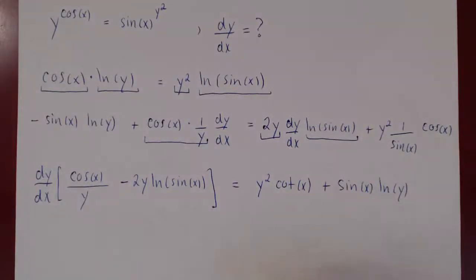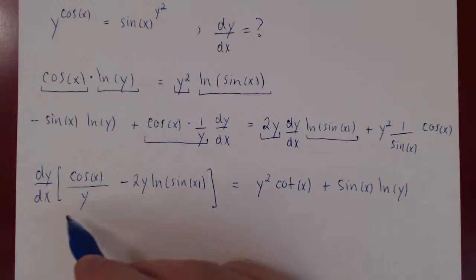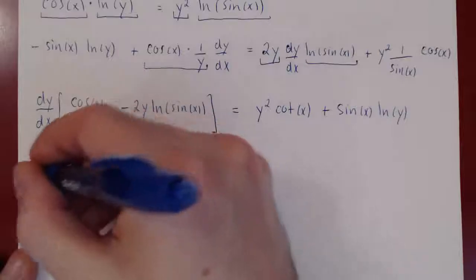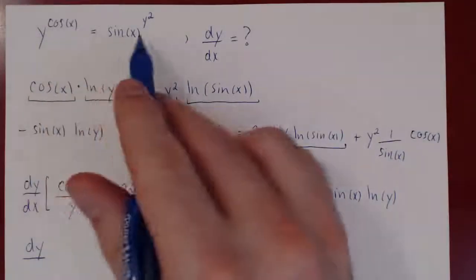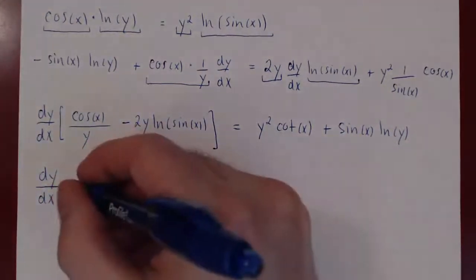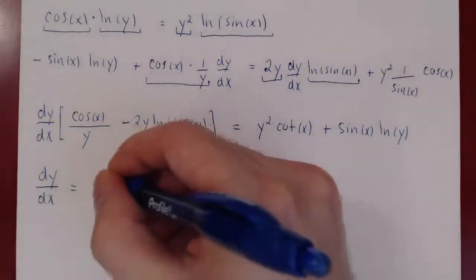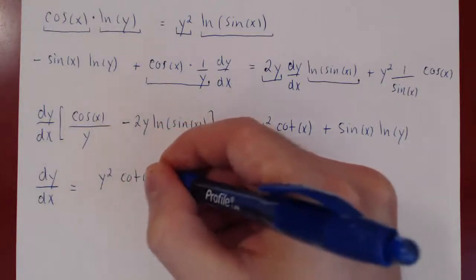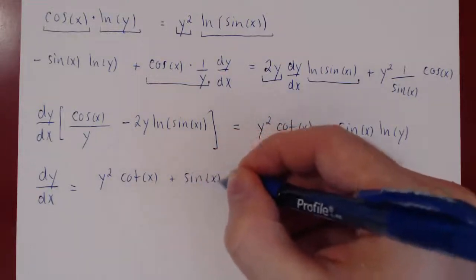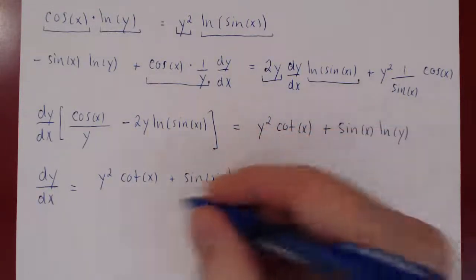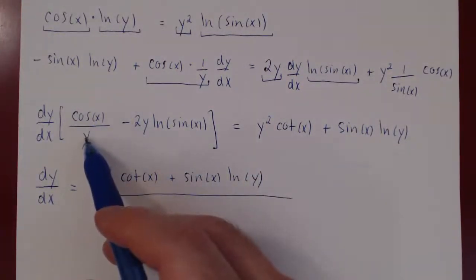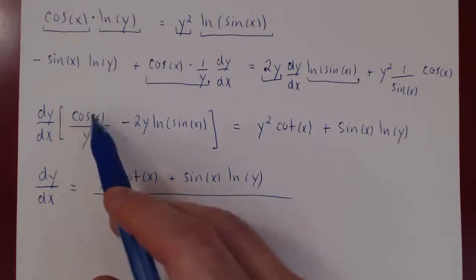And finally, we can solve for dy over dx by dividing across by this expression. And so we'll get that the derivative of the curve given by this bizarre equation happens to be equal to y squared cotangent of x plus sine of x ln of y divided by, and here you can leave cos of x over y, or you could also say y to the negative 1 times cos of x.